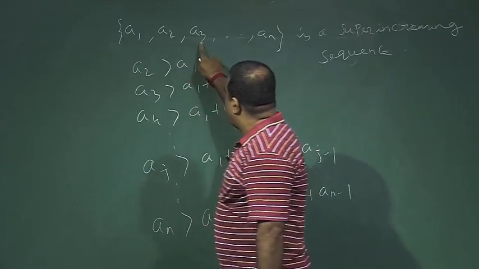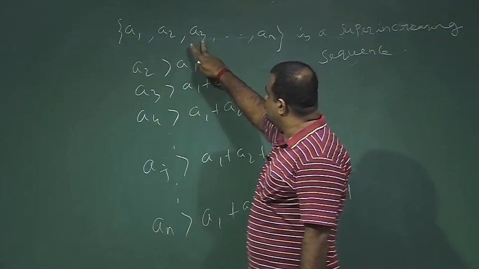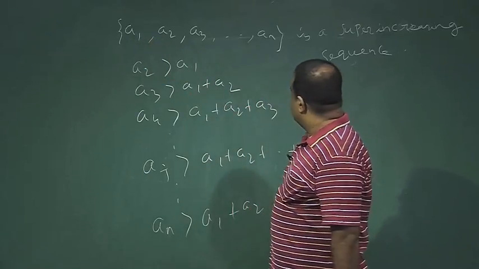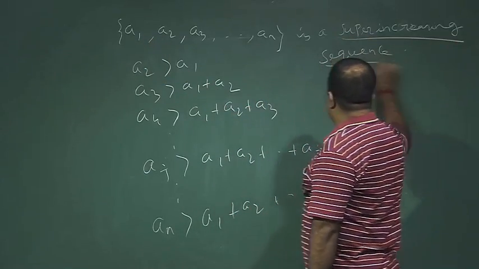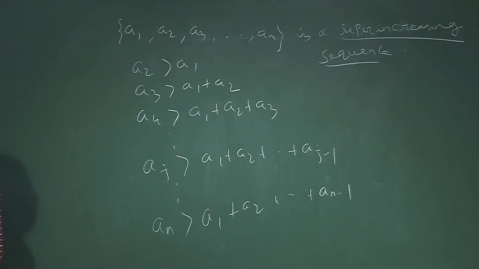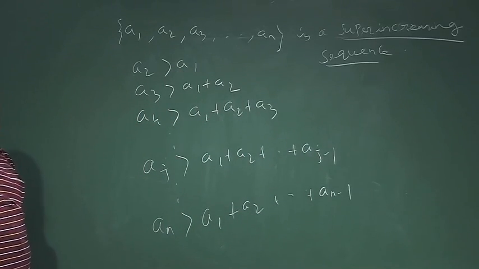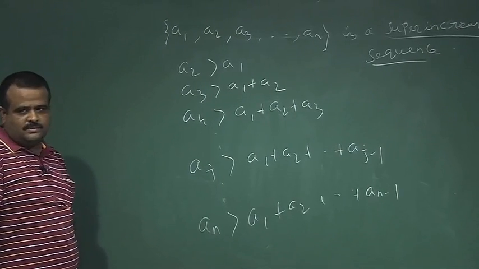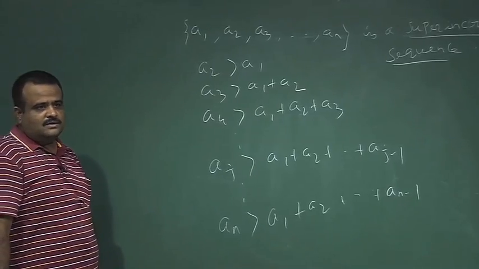So any integer must be bigger than the sum of all previous integers. That is called the super increasing property. If our AIs are a super increasing sequence, then this subset sum problem has a polynomial time algorithm to get that vector.